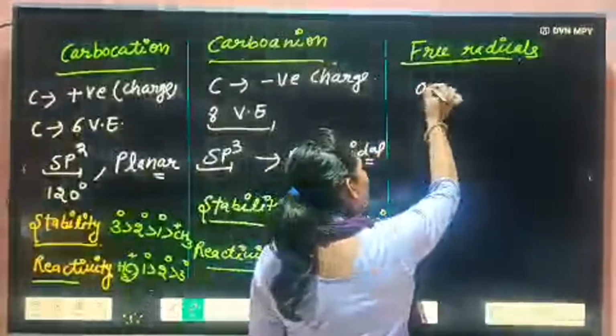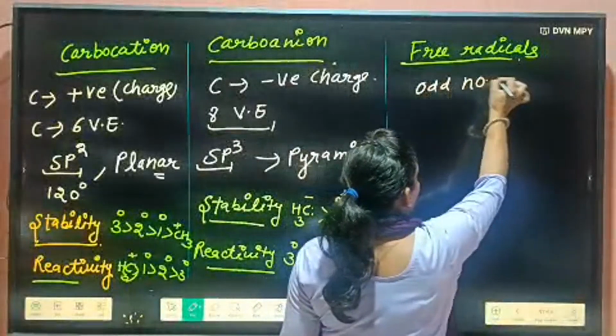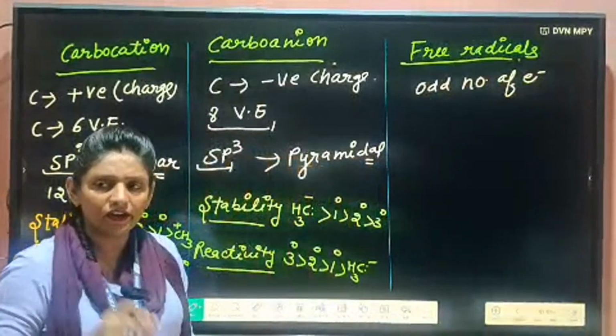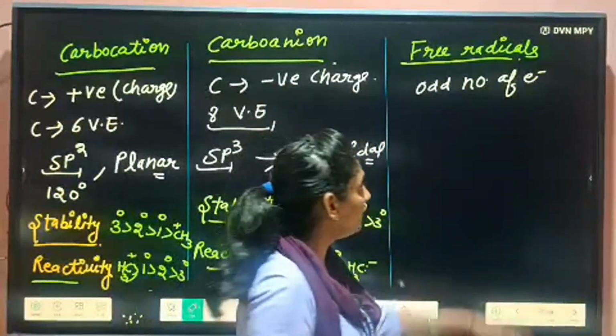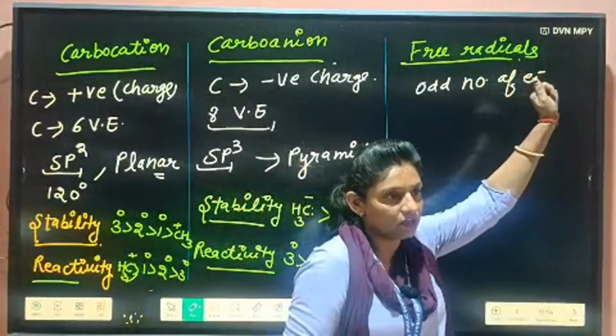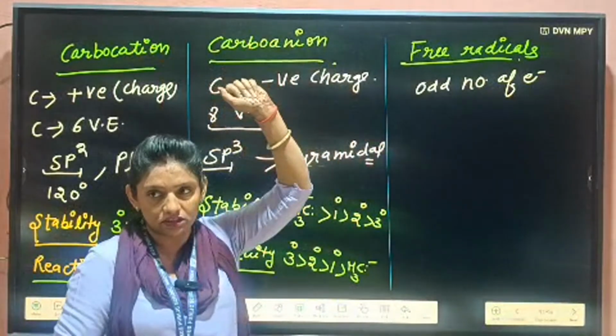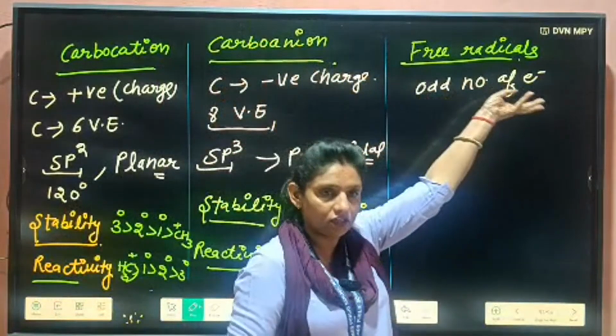Carbon has an odd number of electrons. Because we are studying organic chemistry, that's why I am saying carbon here. Here, carbocation, we already discussed the name. Free radical may be other also.